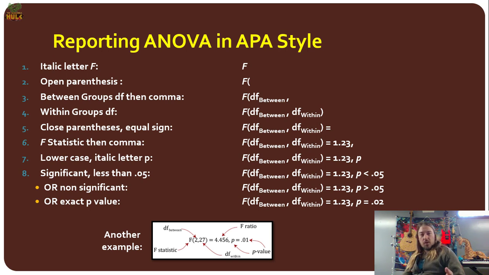If you're using software to calculate your statistics, then the software will not give you a critical value to compare to. It will instead give you an exact p-value associated with your F ratio. And if you're using a p-value of 0.05 and you get a p-value of 0.02, then you know you've found less than 0.05, and you can either write that as less than 0.05, or you can write the specific p-value that your software outputs. So you could write equals 0.02.